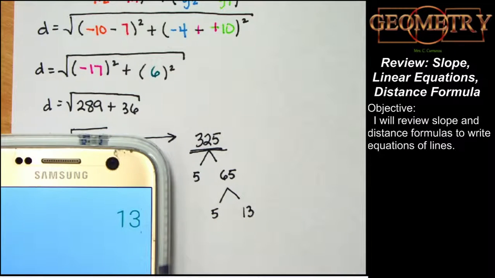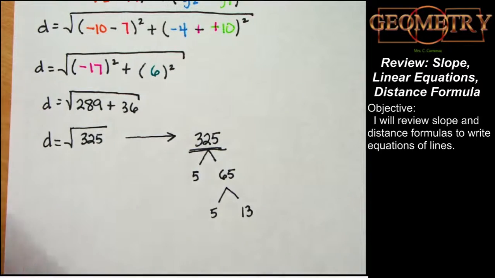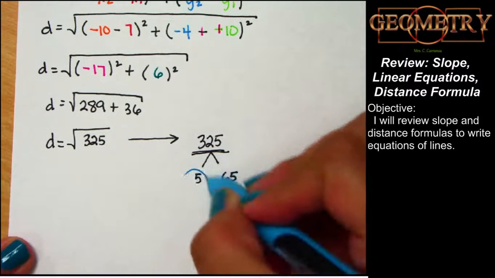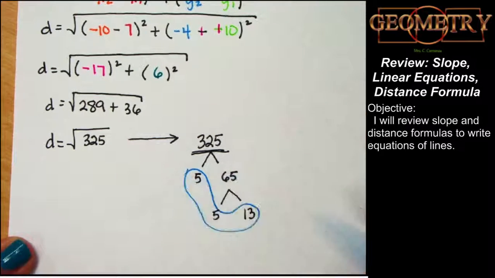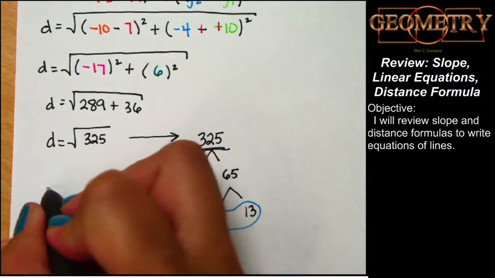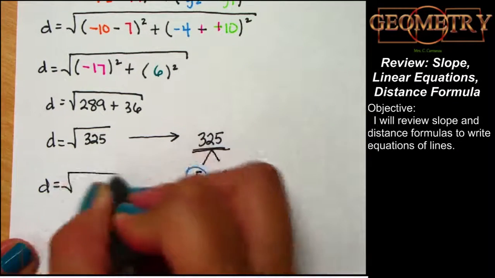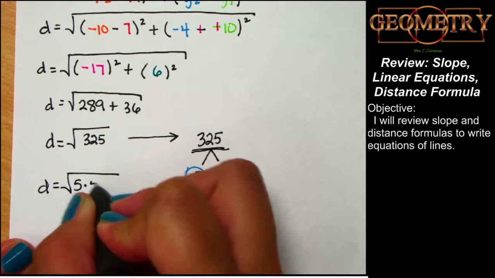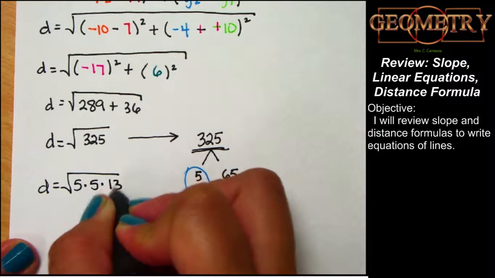It's not an even number, so it's not divisible by 2. I can't divide it by 3. Yeah, I can't think of any others. It has to be a prime number, okay? So I'm done. Here are my prime factors of 325. And this means that I can trade in the number 325 for the numbers 5 times 5 times 13.